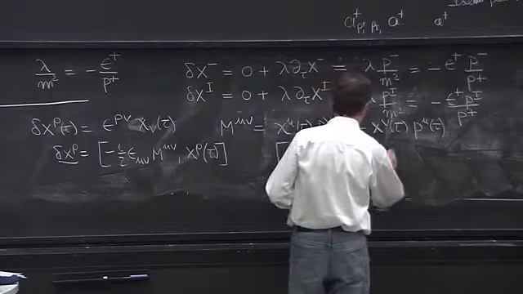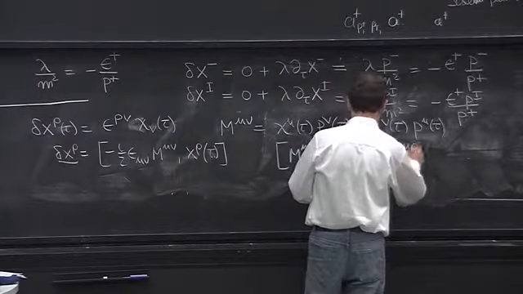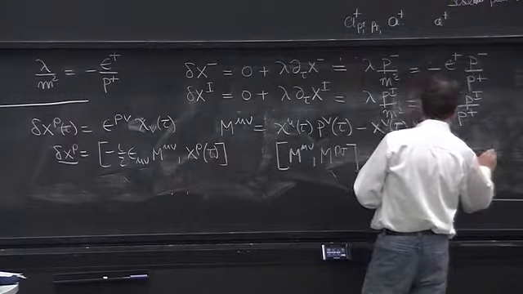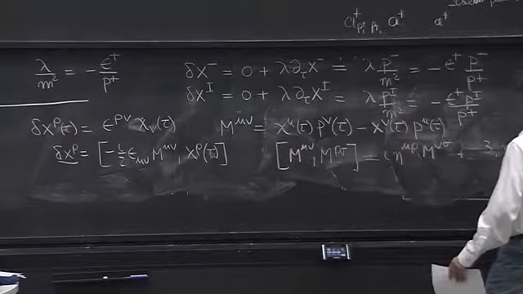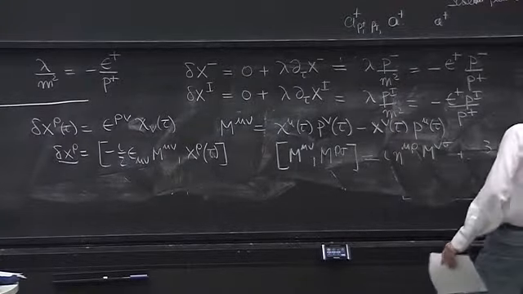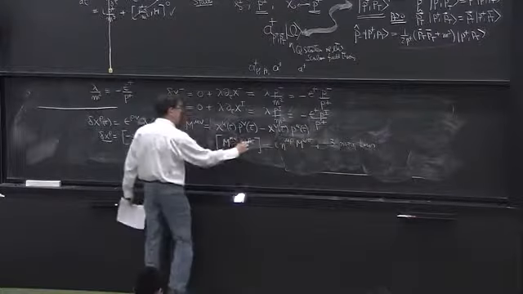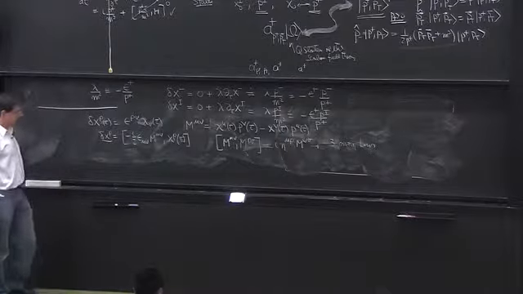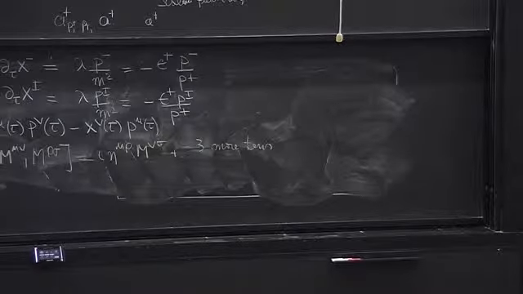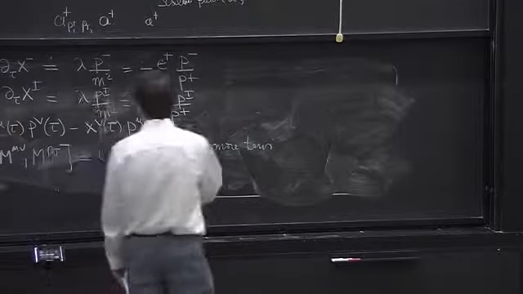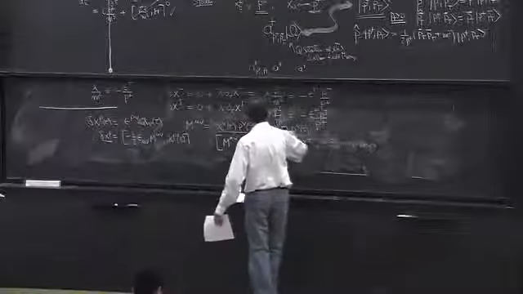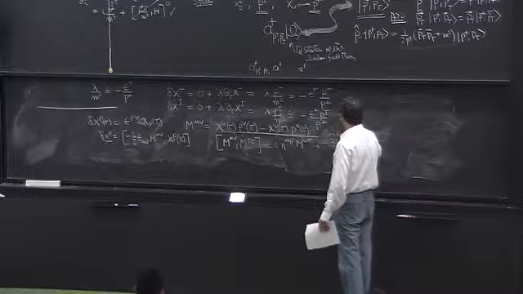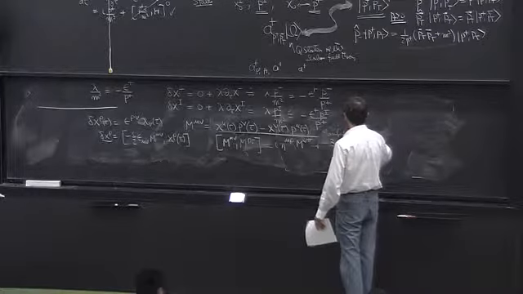It has an i, η^{μρ} M^{νσ}, plus three more terms to implement the μν symmetry and the ρσ symmetry. Now, this operator is manifestly Hermitian.